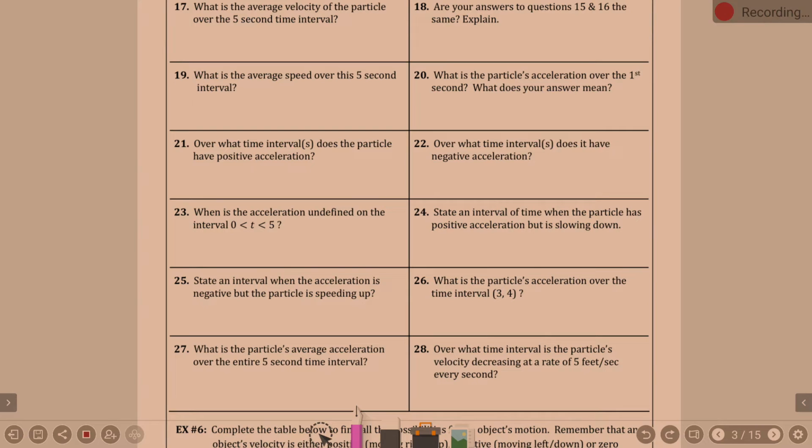And so that 7.5 minus 15 is negative 7.5 over what time interval? And that is 5. So I know that's not the answer I wrote down. Negative 7.5 divided by 5. I've written down negative 1.5.